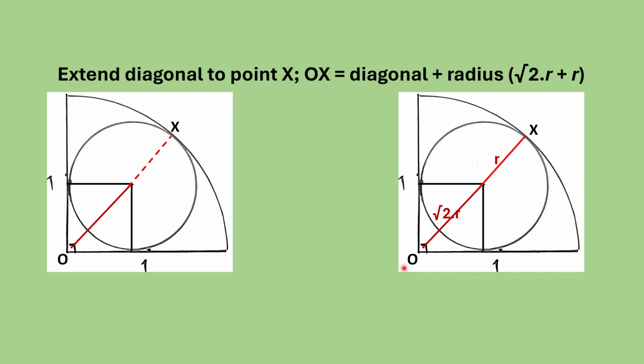Now in this OX, from O to the diagonal part, that is the diagonal of the square, it is root 2r, and from here to the point X is r, because it is a radius. So the total length of the line OX will be root 2r plus r.